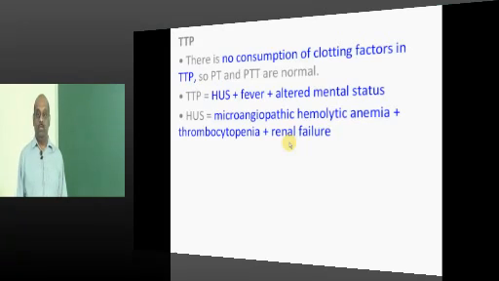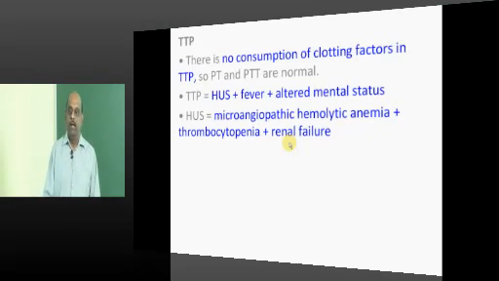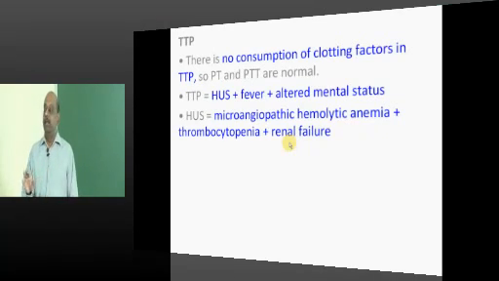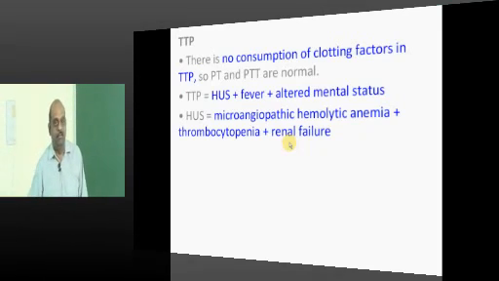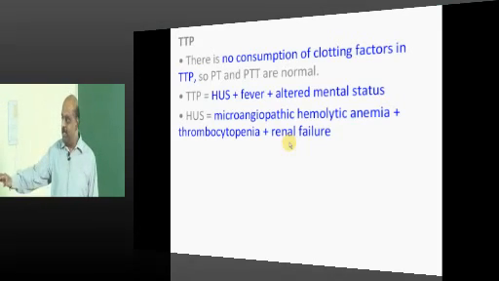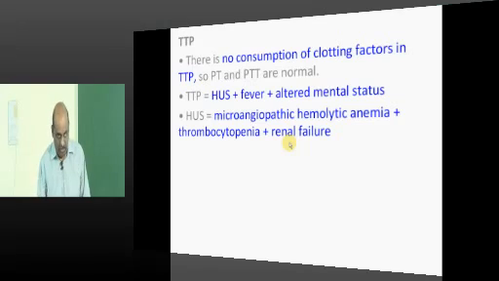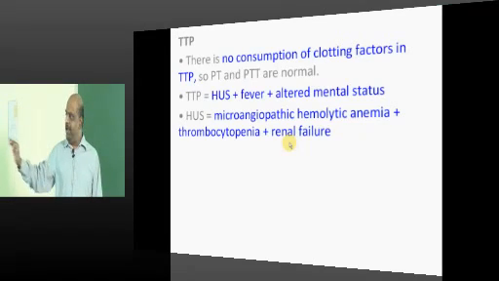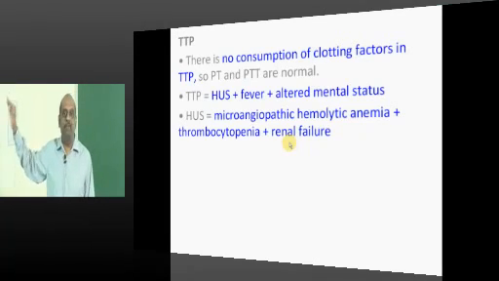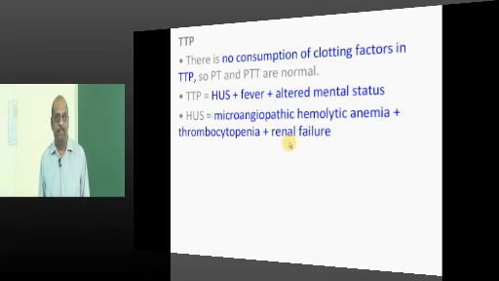Definitely we are worried about it. How will a patient of TTP or HUS be presenting? A HUS patient, hemolytic uremic syndrome, or a TTP patient, is febrile and recently has a history of diarrhea and dysentery.